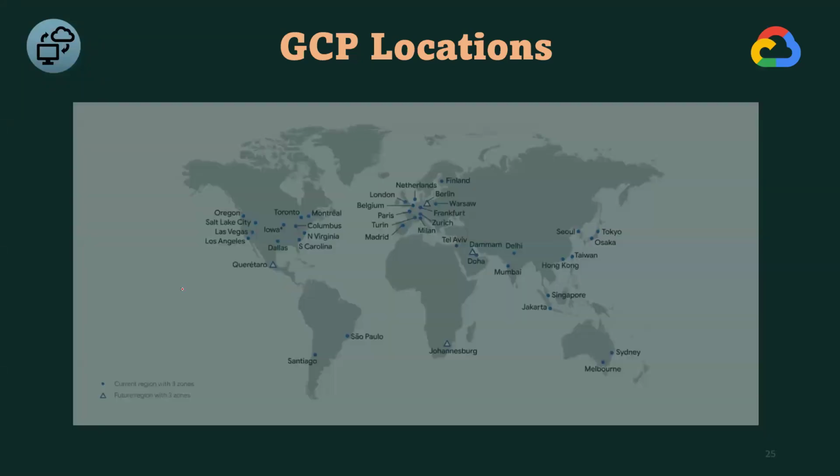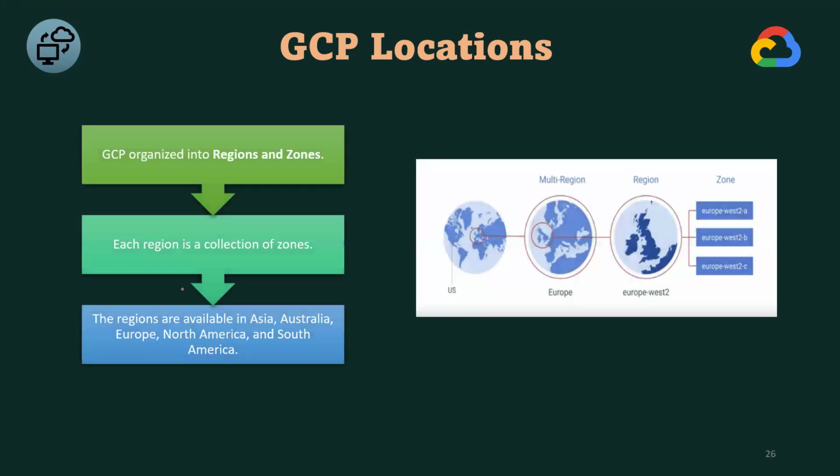Okay, look here. In simple words, GCP is organized into regions and zones. Each region is a collection of zones. The regions are available in Asia, Australia, Europe, North America, and South America. If you think of this as a globe, you have 5 locations: 1, 2, 3, 4, 5.